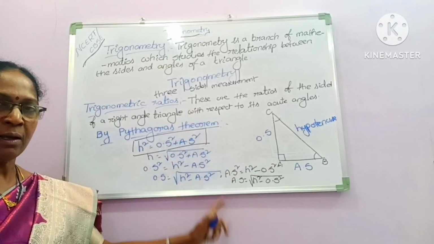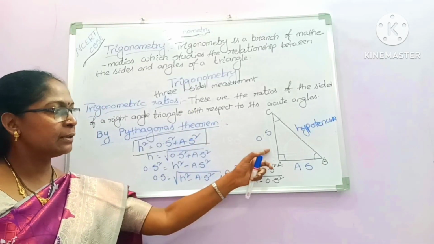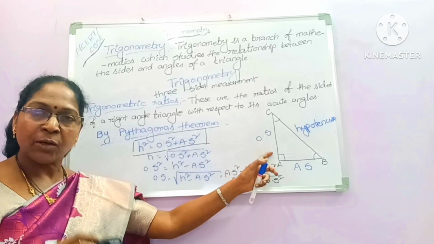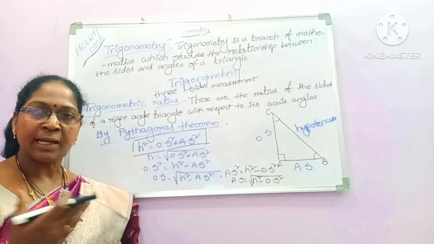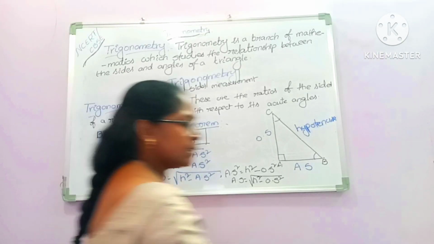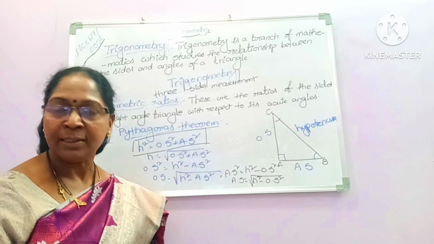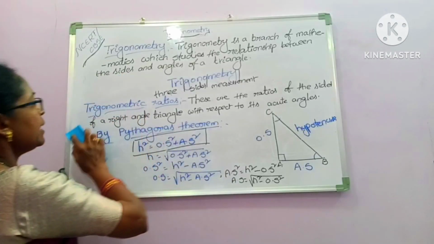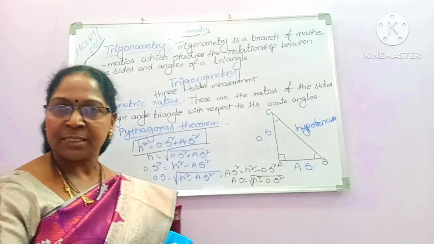So this is the Pythagoras theorem using the right angle triangle. It entirely depends on the sides of a right angle triangle only. By using this theorem, you can find any other side value. Next, trigonometric ratios, which I already explained.